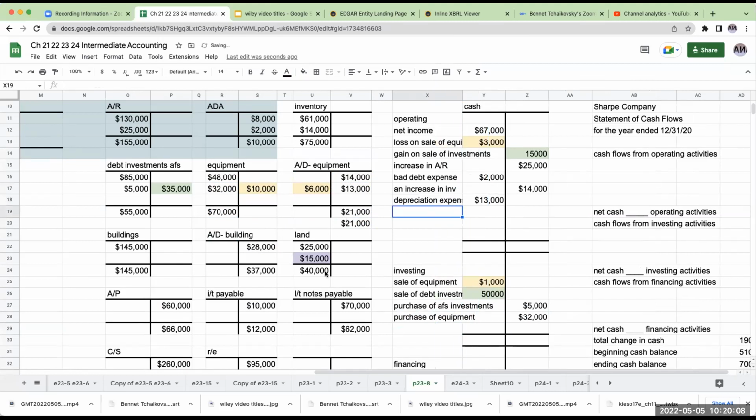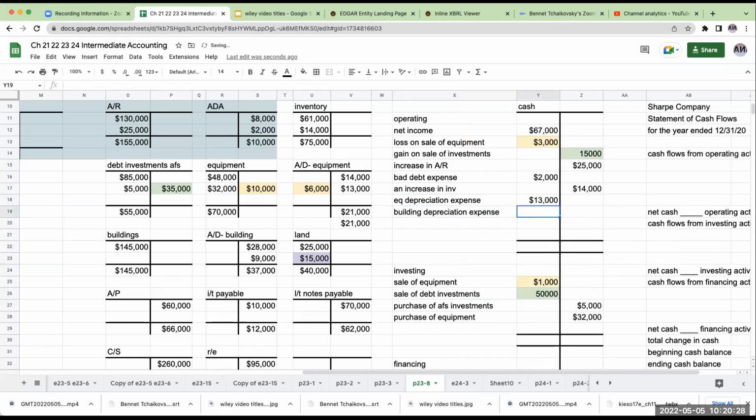Again, if that's new to you, watch the other videos. Buildings is balanced. Accumulated depreciation on the building, depreciation expense. Okay, so this over here is going to be 9. My land account is balanced.